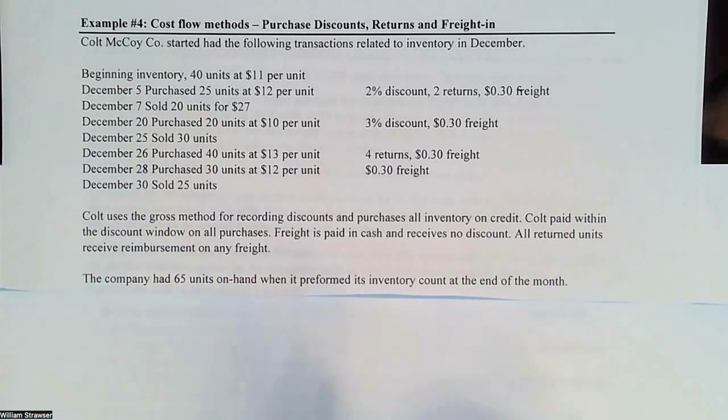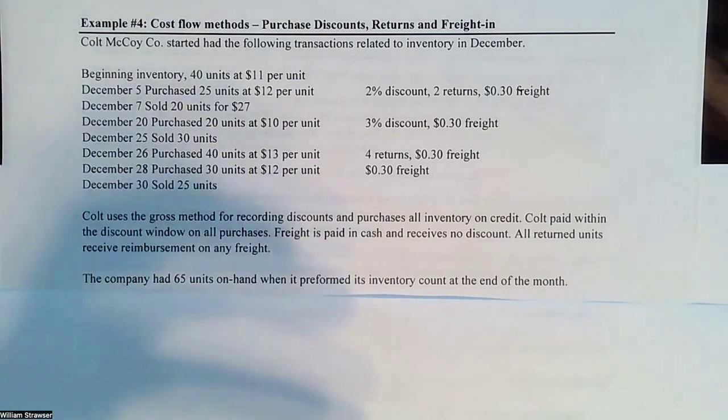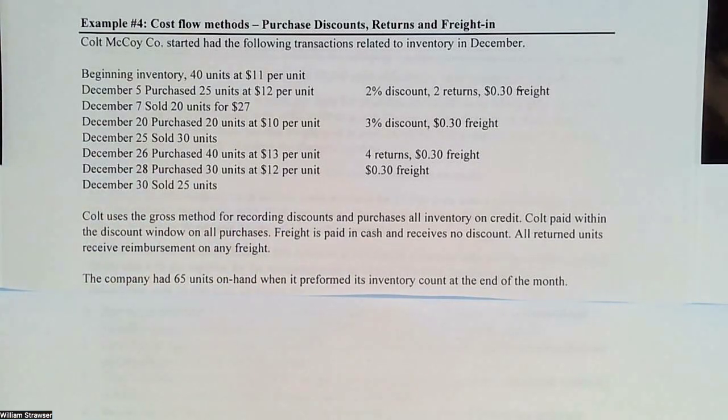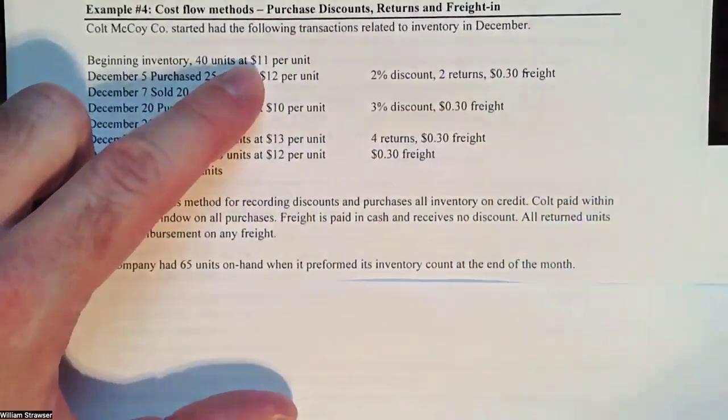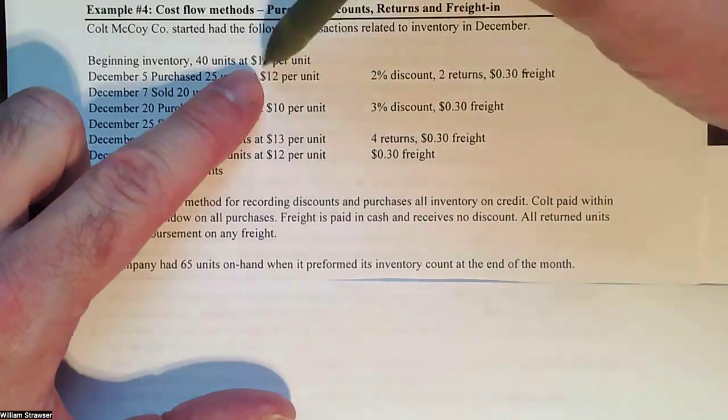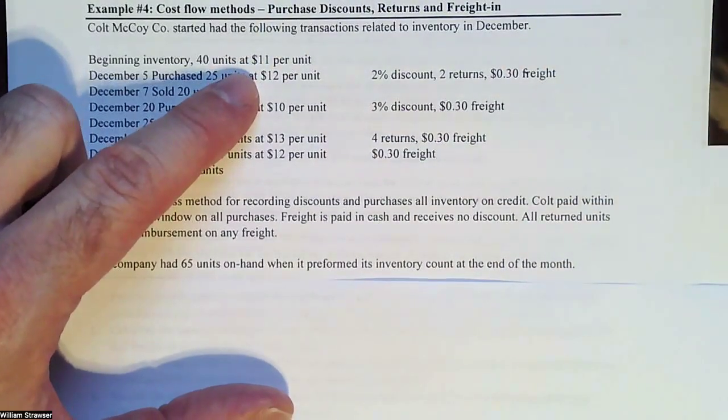So purchase discounts, purchase returns, purchases, and freight all get closed, and their amounts either end up in our inventory or our cost of goods sold based on when they were purchased and whether we're using LIFO or FIFO. Just understand that beginning inventory has all of these embedded into this $11 per unit price.